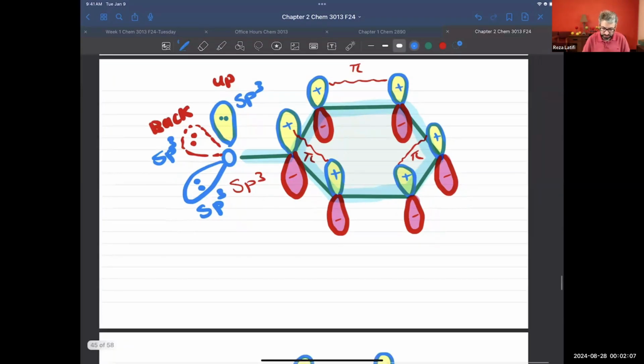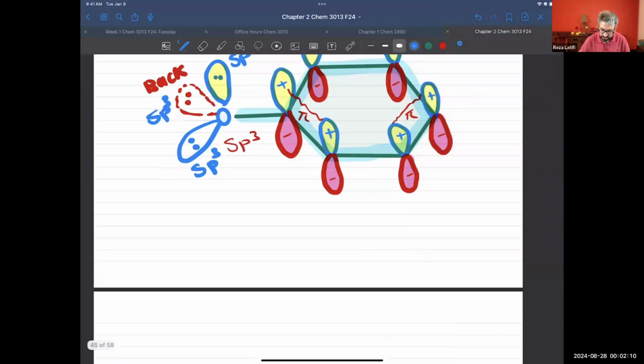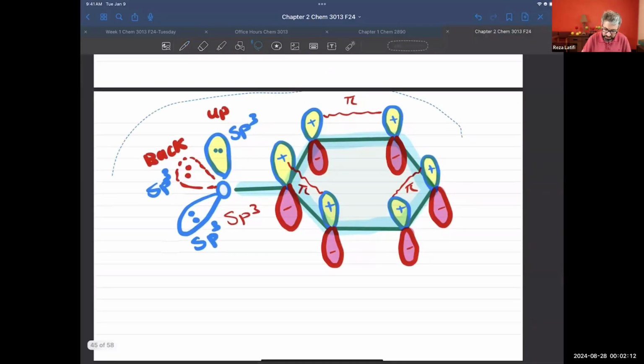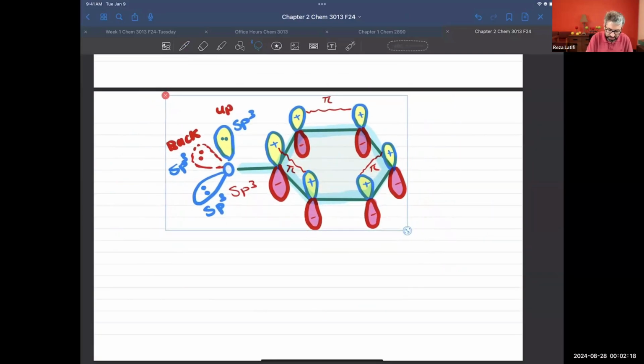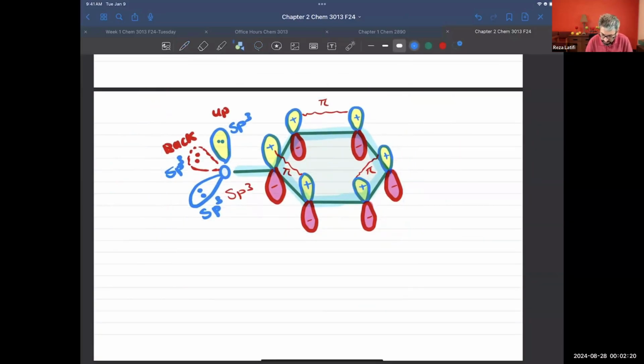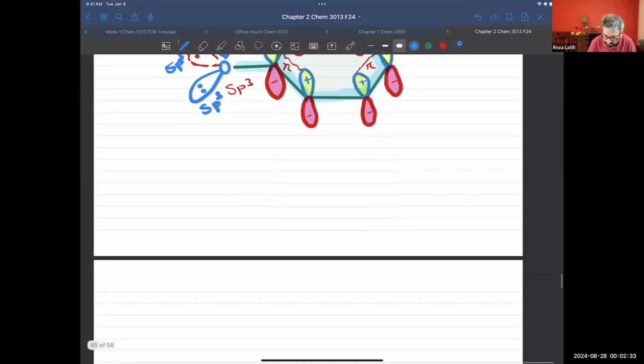What do I have until now? Until now, I have this structure. Let me shrink the size here. I got the ring. It's a ring, but not completely a circle.